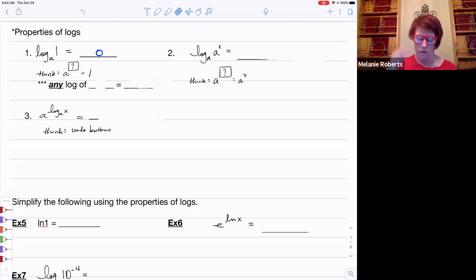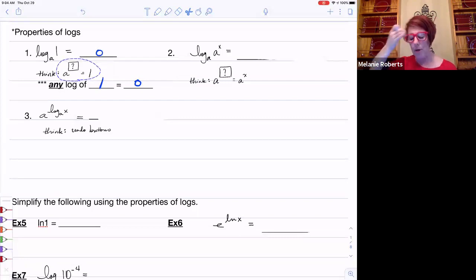Let me finish this up, sorry. Under property number 1, the way that we say this is that any log of 1 is equal to 0. Just like in the last section, we said that whenever I take a base and raise it to a 0 power, I always get 1.